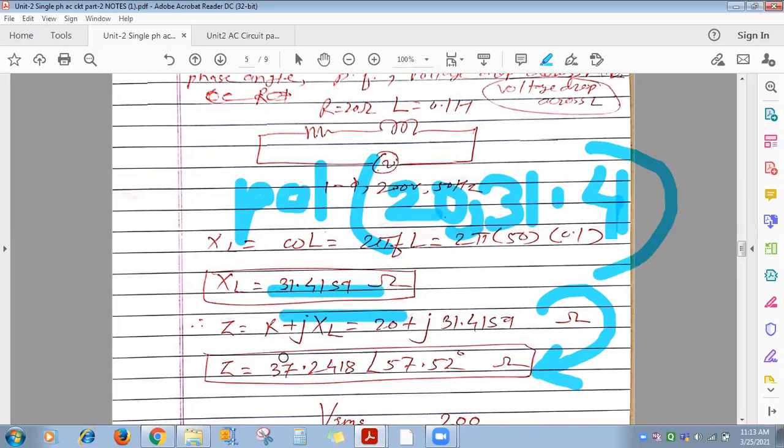In some calculators, X is represented as this and Y as this, and both values are displayed directly. Write it down: X is your magnitude, Y is your angle.